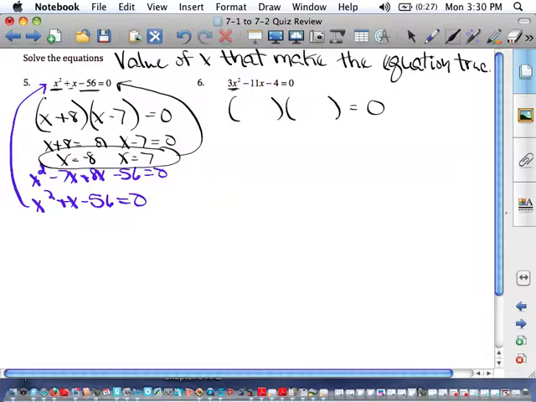The only possibilities will be 3x and x. Then, when I look at the last term, I'm looking for the things that would multiply to give me negative 4. That could be minus 4 and positive 1 and minus 4, or negative 2 and 2.